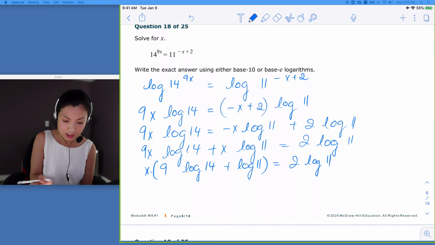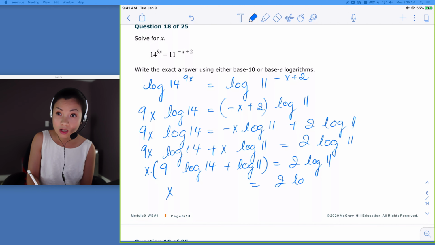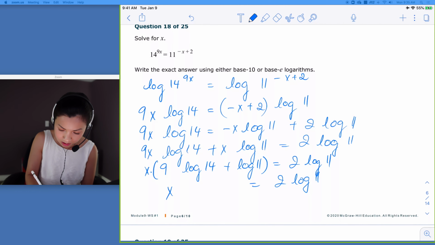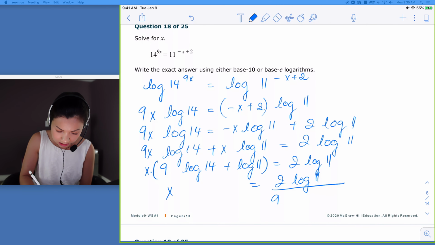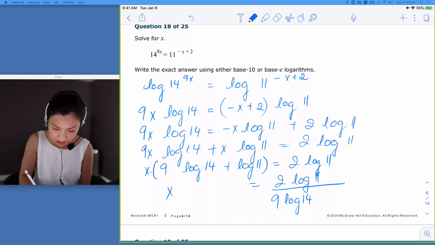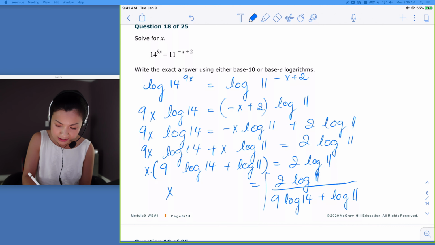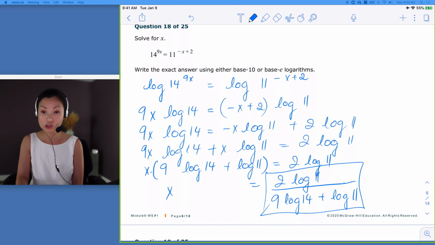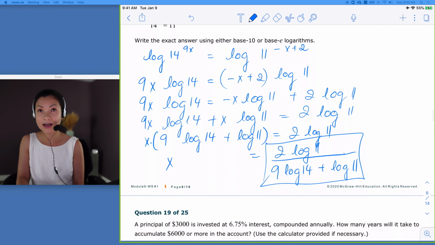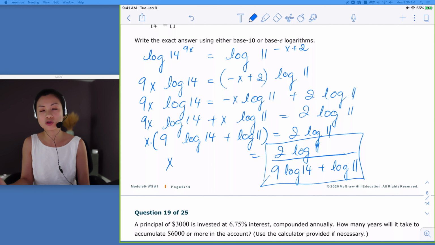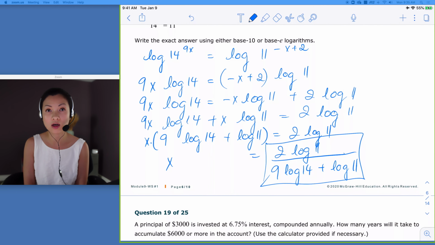Now you can simply divide, right? So I have x equals 2 log 11 over (9 log 14 plus log 11). So that's the exact solution. If they ask you for the numbers, then you use, once again, the calculator.